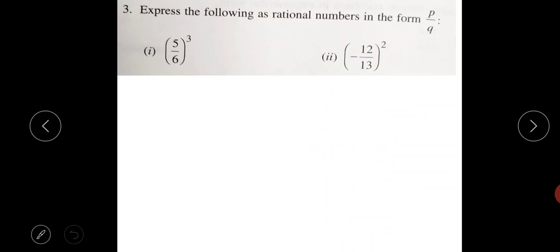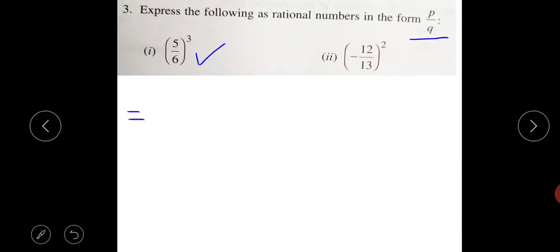Question number 3 is express the following rational numbers in the form of P upon Q. Now we have been given this number in exponential form, meaning 5 upon 6 to the power 3, हमें पावर में गिवन है और हमें P upon Q में इसको रिप्रेजेंट करना है.